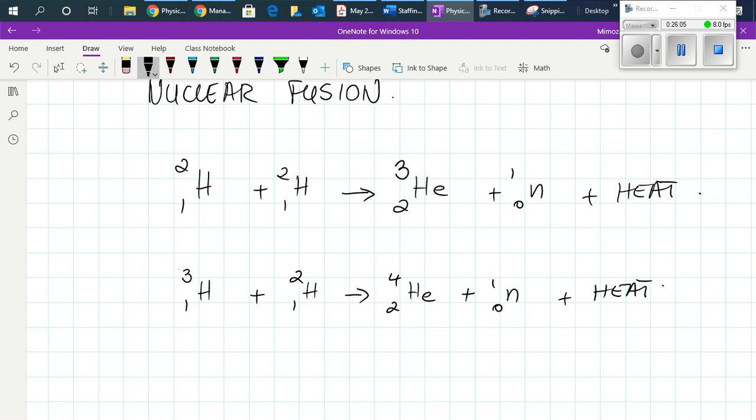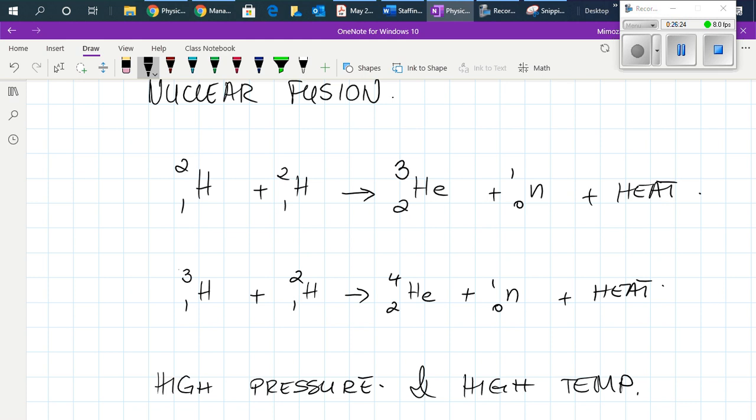Nuclear fusion reaction requires extremely high pressure and high temperature to get them started. Such pressure and temperature are found at the core of our sun.